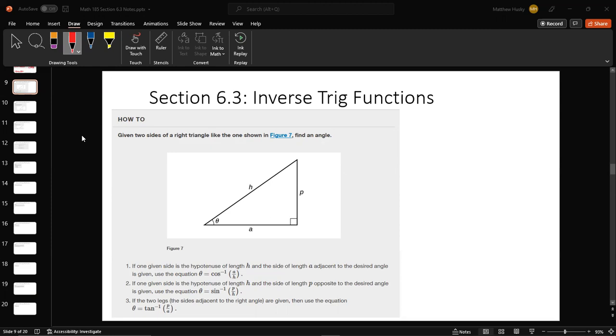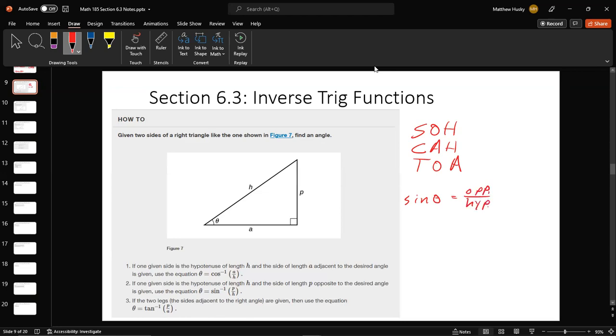They have kind of this breakdown here for you. And I guess what I would just say is just remember the basics of SOHCAHTOA, because that's really all that this is derived from. So your basic trig definitions: sine of the angle is the opposite over the hypotenuse.